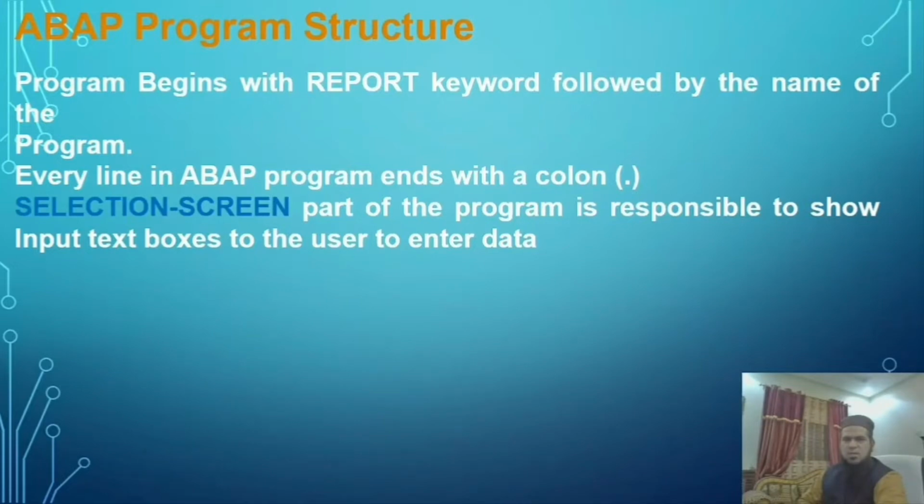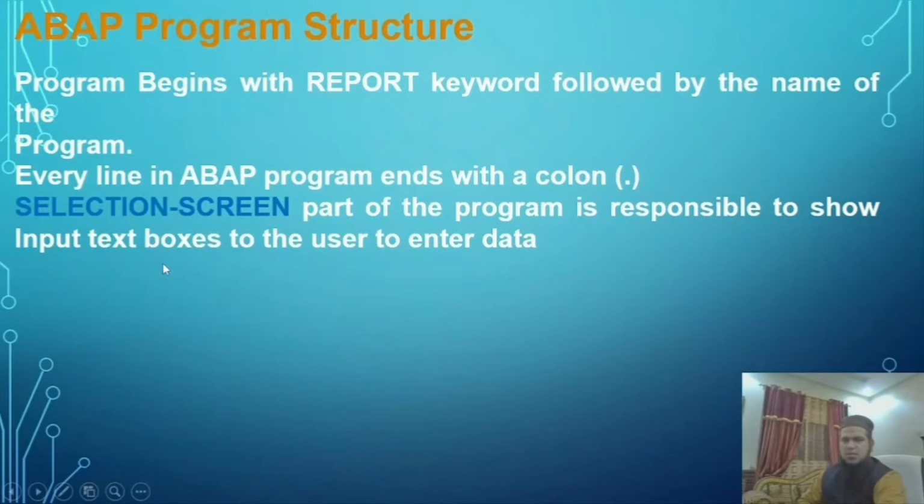So this is the beginning of your SAP ABAP program. So keep in mind that every line in an ABAP program ends with a dot. So at the end of each line you write in an ABAP program, you will put a dot.